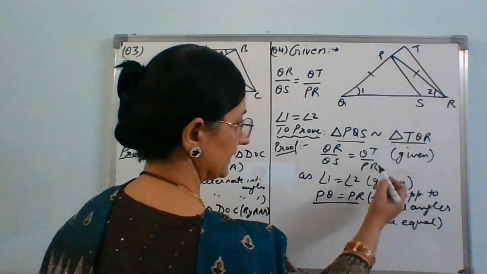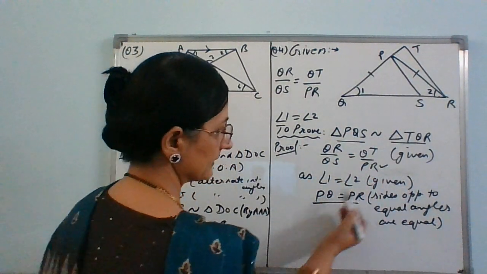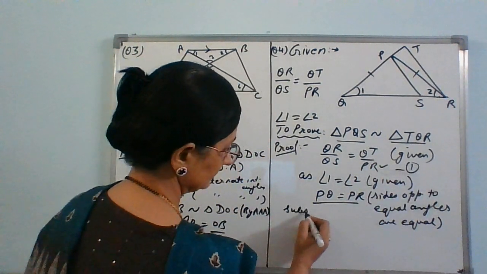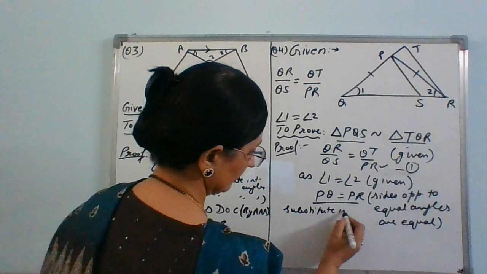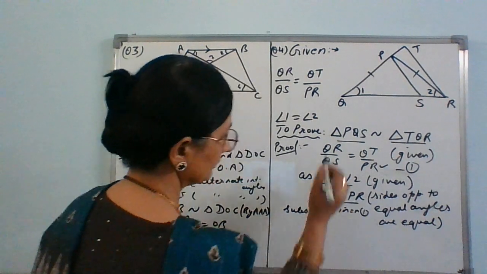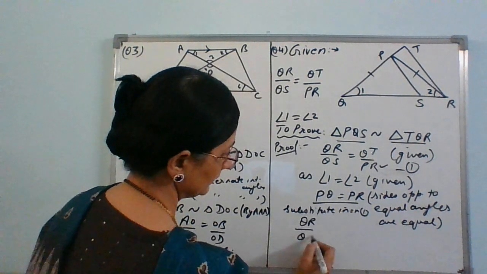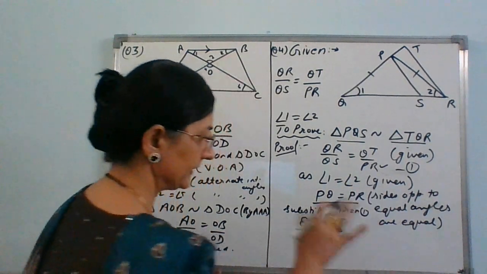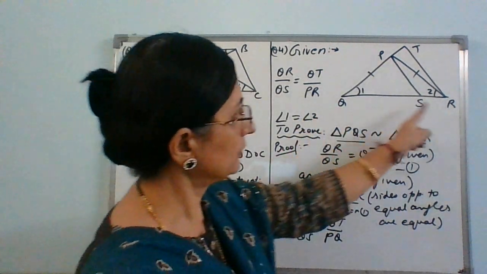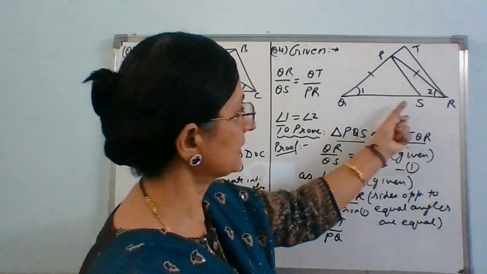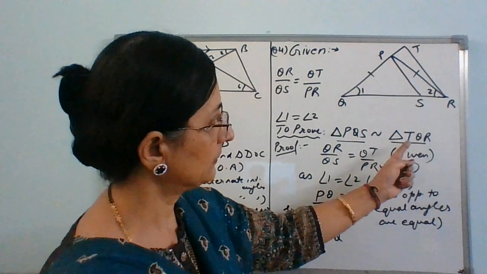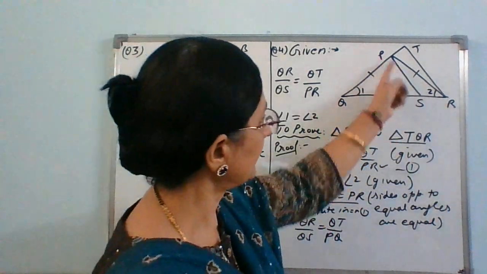So now we have proved that PR is equal to PQ. Let us substitute in equation 1. QR upon QS is equal to QT upon PR; in place of PR, put PQ. Now check. QR is the bigger side, QS the smaller side. QR of the bigger triangle TQR, and QS of triangle PQS.